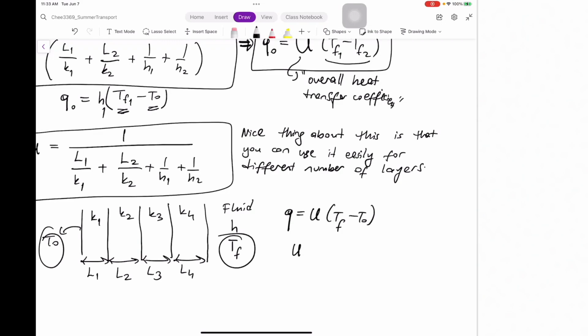And you can write the U in terms of the K1, H, K2, L1, L2, all those constants.